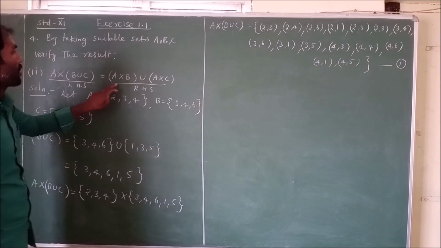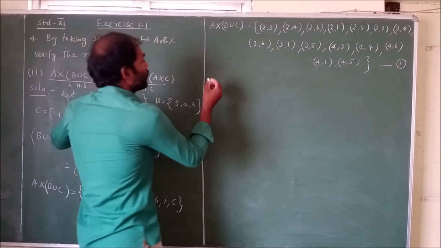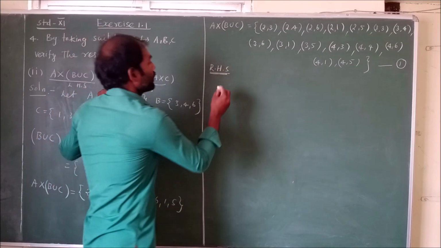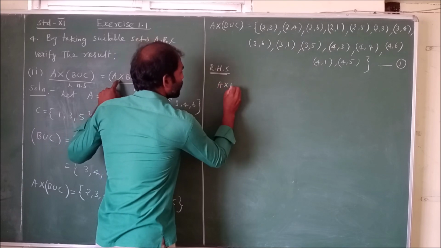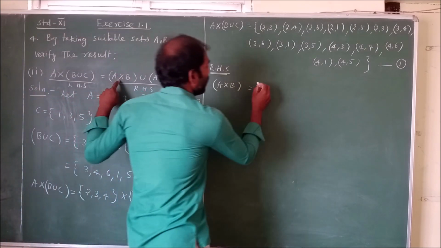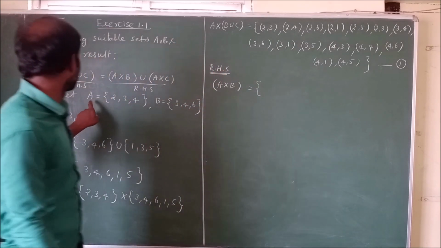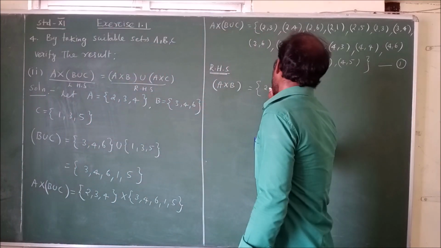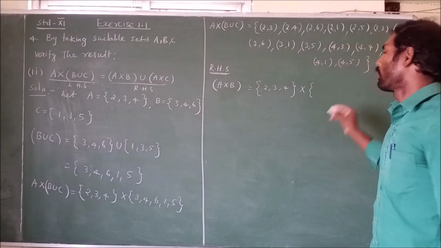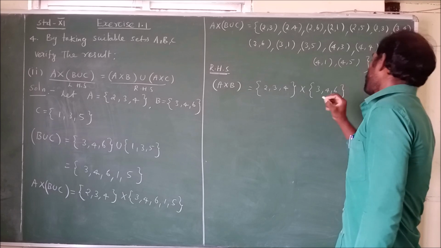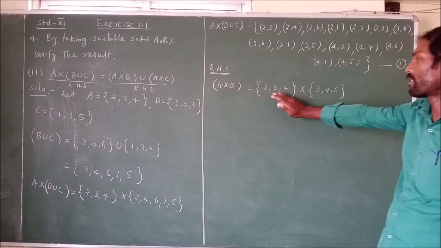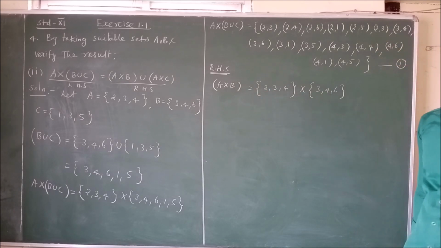For the RHS term, first you have to find A cross B. A cross B is nothing but the pairs of elements from set A and set B. A is 2, 3, 4 and B is 3, 4, 6.